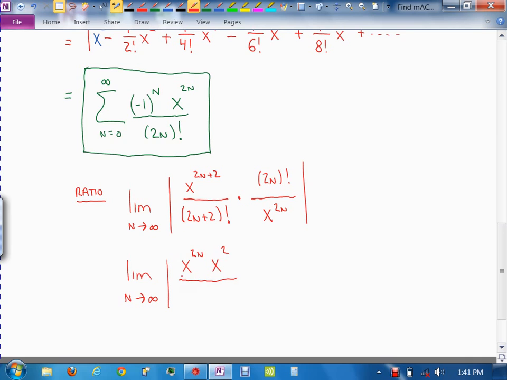Now, on the factorial on the bottom, I need to start peeling them off, right? Peel 2, so 2n plus 2. Then what? 2n plus 1. Then what? 2n factorial. Times 2n factorial over x to the 2n.